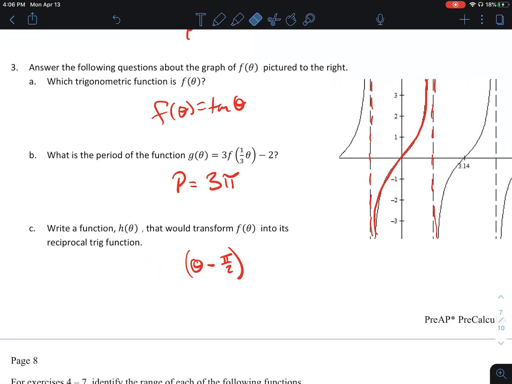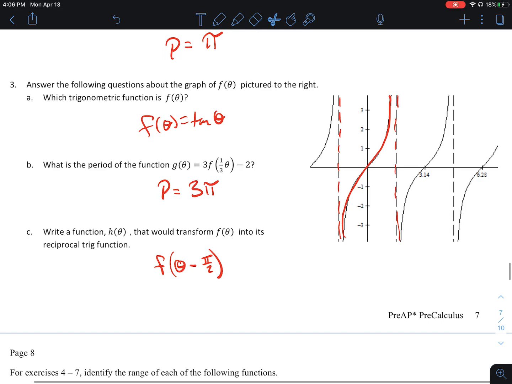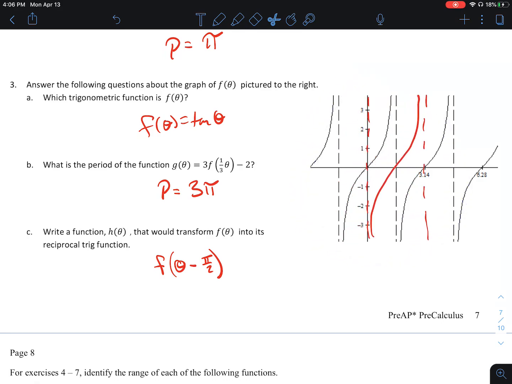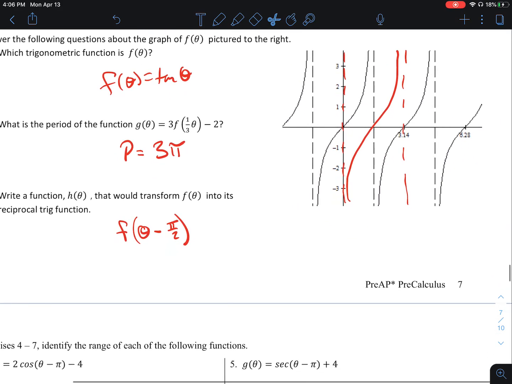I'm not going to use tangent. This says function f, so I'll do function f. Now, if we did what I just suggested, that's going to put it over here like this. Now, let me remind you of what cotangent looks like. This is 0 and this is pi, and cotangent looks like this.